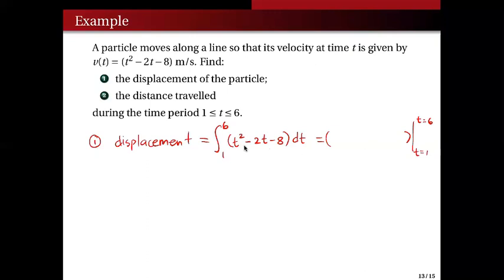In here, I will have t cubed over 3, then minus 2t squared over 2, and then plus 8t. And take note, I'm no longer putting the plus c because I'm doing a definite integral.